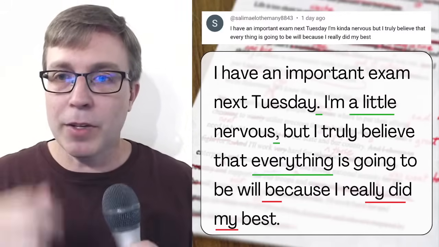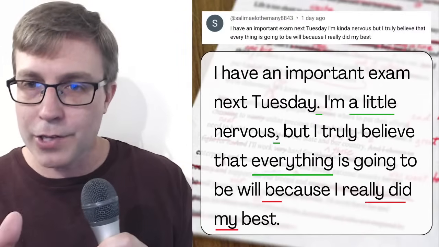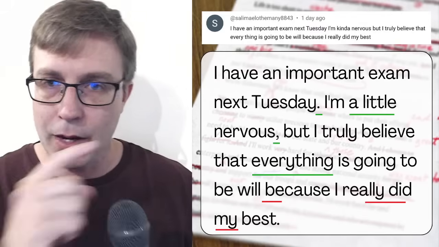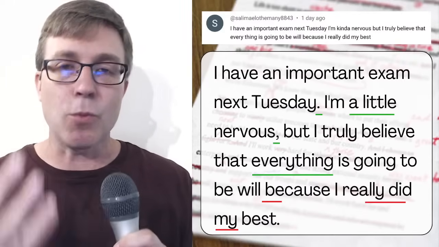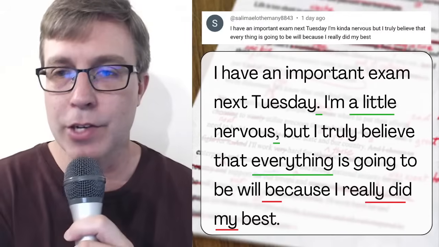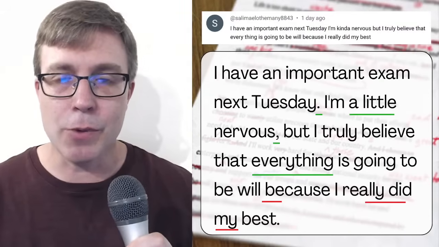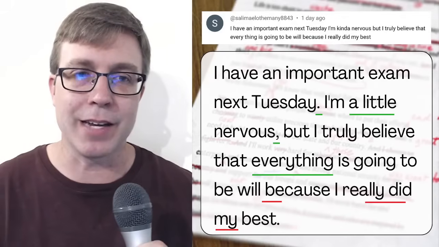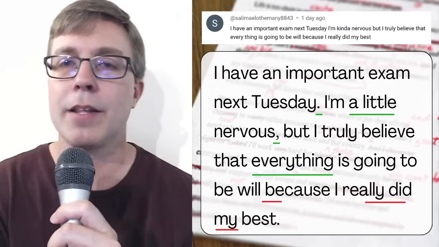So I truly believe that everything is going to be... oh gosh, I think I didn't move that line over. That red line should be under "will." Instead of "will," what would you change it to? And then that other part of the sentence, how would you reword it? I would ask you to keep in mind the verb tense.